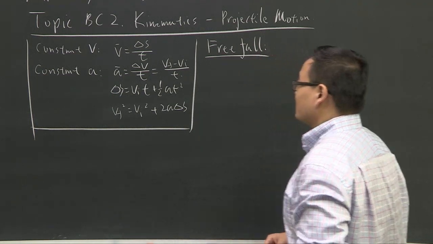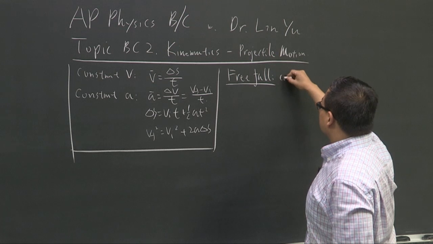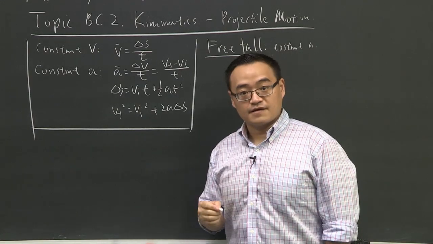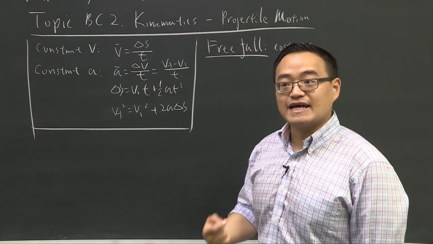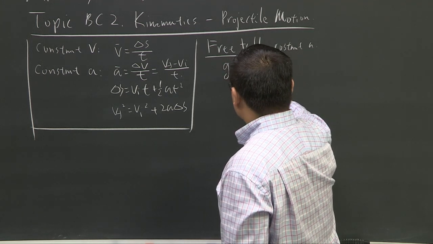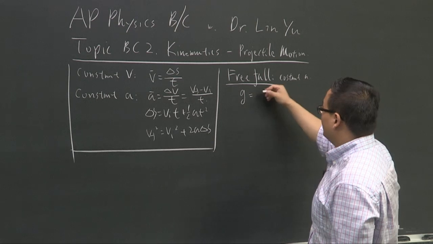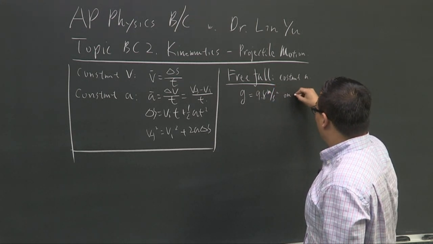So in an ideal case, a free fall motion is a constant acceleration motion. Except in this case, we know what the acceleration is, at least on the Earth. The acceleration on Earth is described with a little g, gravitational acceleration, and it's 9.8 meters per second squared on Earth.